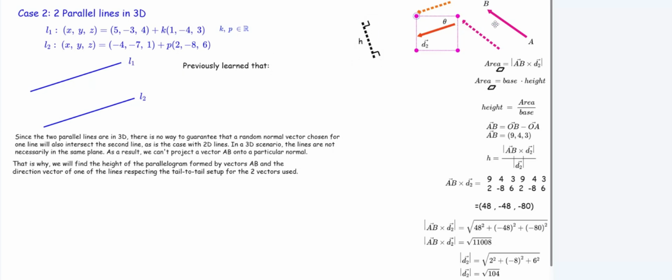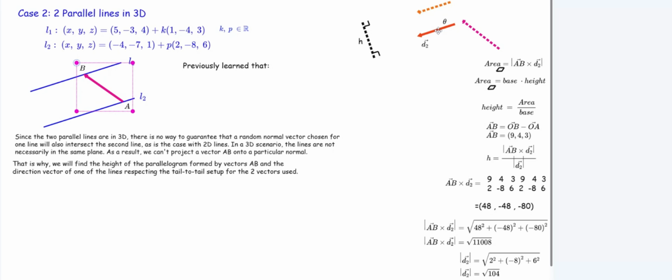We'll bring in the vector AB, which is similar to the previous scenario in 2D lines. Point A is on line 2, point B is on line 1. Bring that in here.